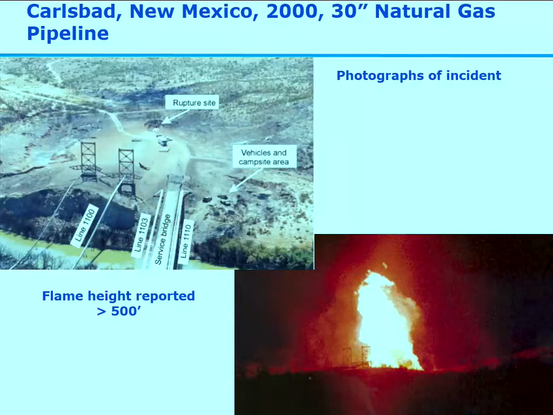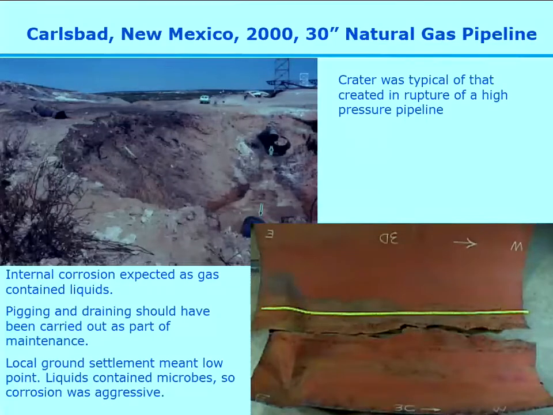And again, the reason why the regulator took this so seriously was that the internal corrosion occurred because the gas that was being transported contained fluids. The operator knew it contained fluids, and their maintenance procedures required them to pig the pipeline and drain it at regular intervals.